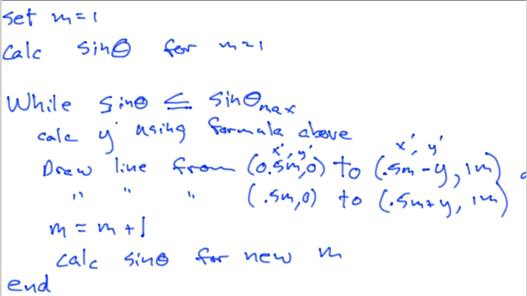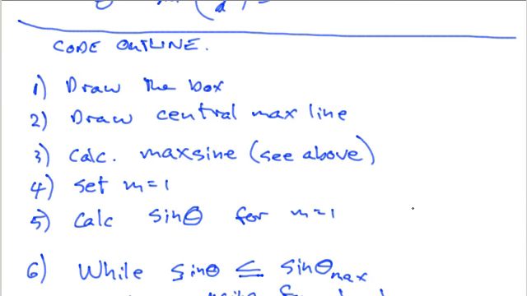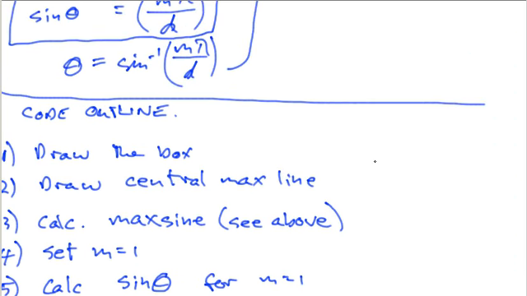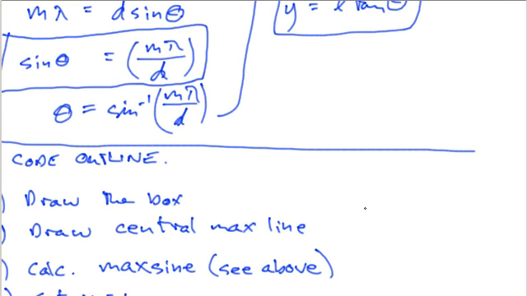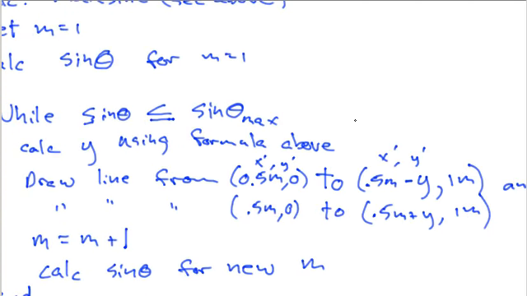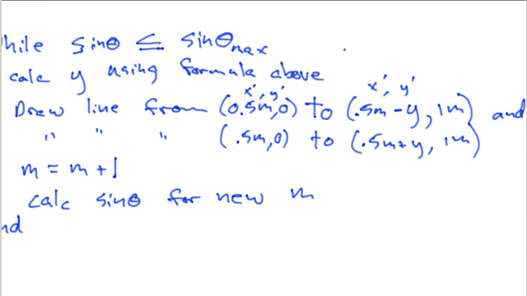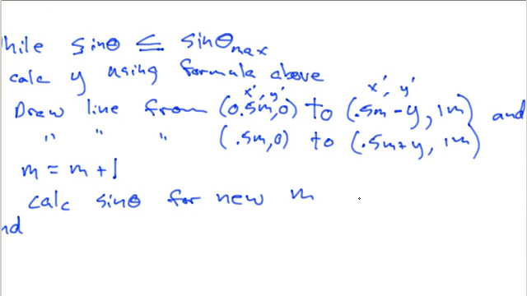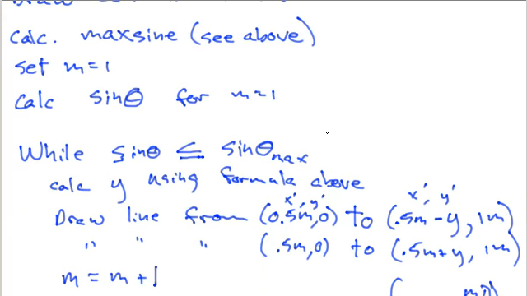If it's less than, then I go in here and do it again, but each time m gets bumped up, sine of theta gets bumped up, using sine theta equals m lambda over d. That's what I was using here.